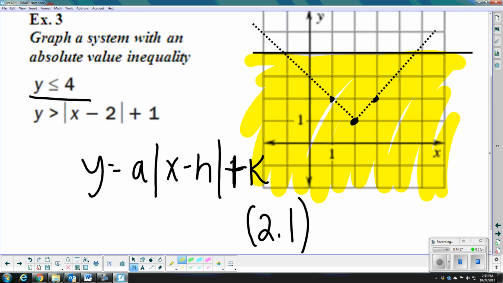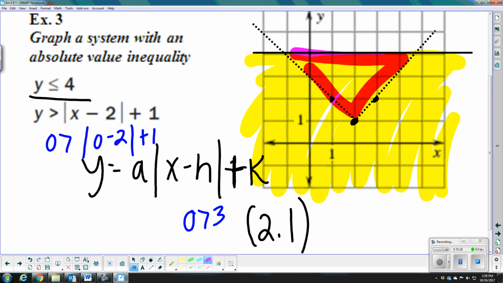Yes, it is. And then for the absolute value, you can pick 0, 0. So is 0 greater than the absolute value of 0 minus 2, plus 1? That's negative 2, absolute value of that is 2, plus 1 is 3. Is 0 greater than 3? No, it is not. So here is your solution.